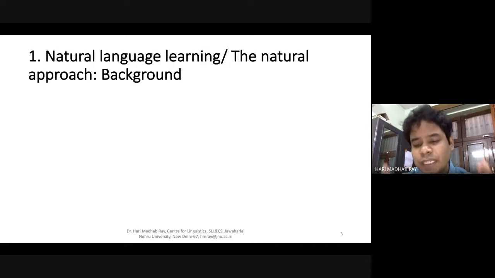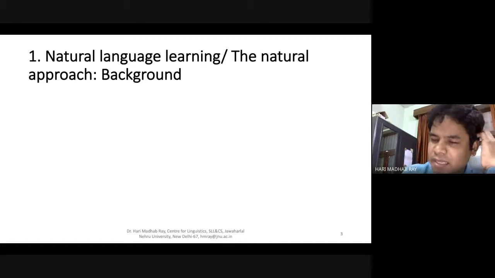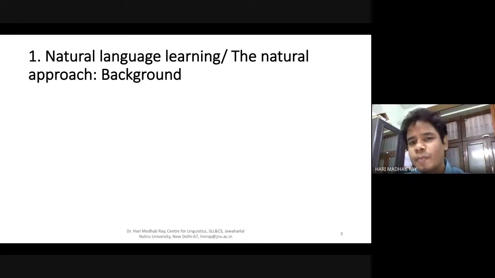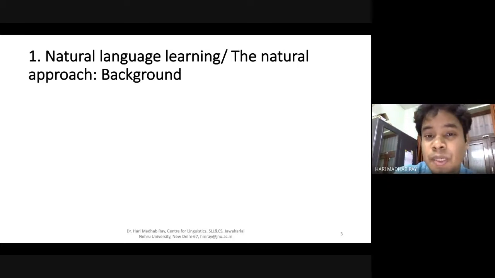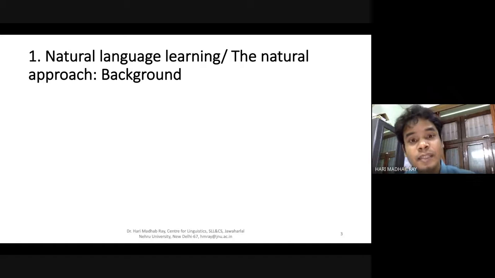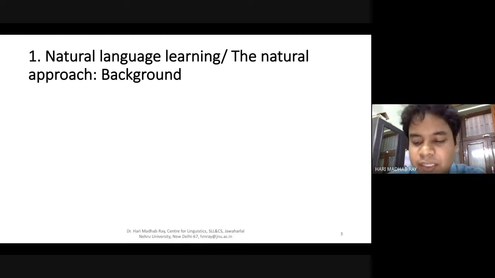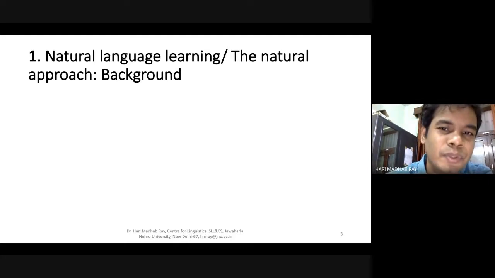You see, I was telling you in the last class that the direct method is also known as the natural approach or natural method. Many people call it that, but it's not exactly so. Somehow you can say the direct method was later upgraded to the natural approach to some extent, because the drawbacks or shortcomings of the direct method were addressed by taking into account linguistic theories, and then people started calling it a kind of natural language learning.